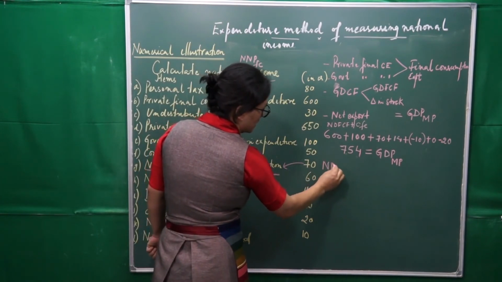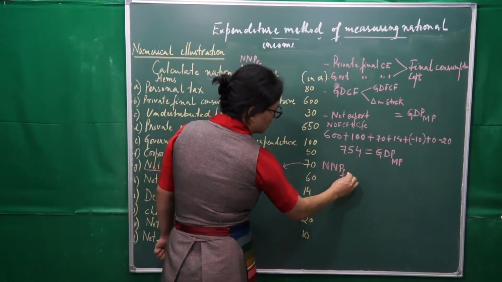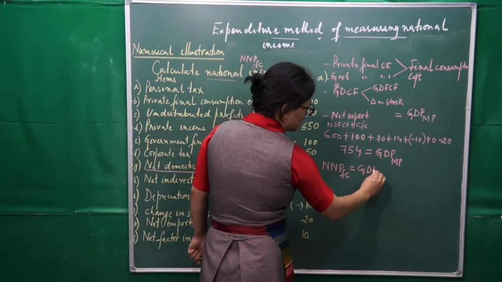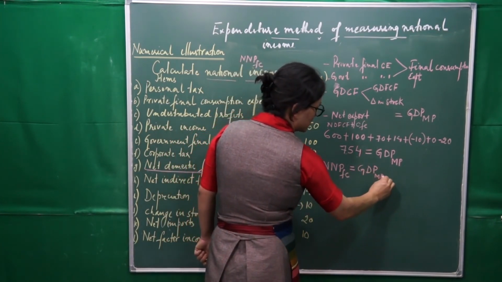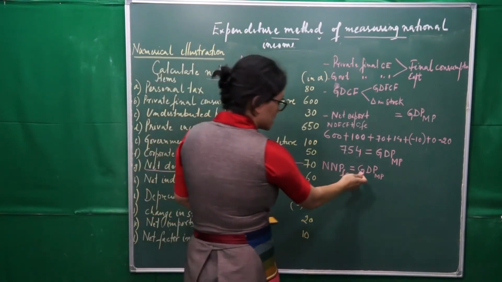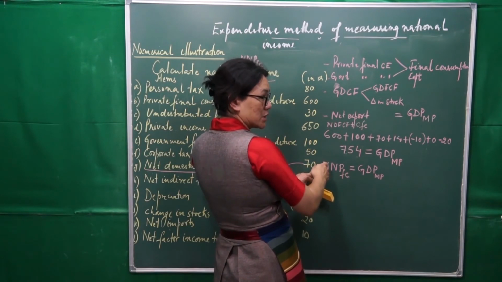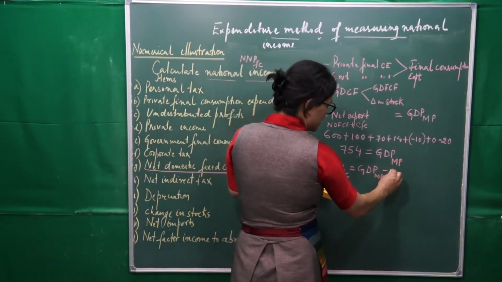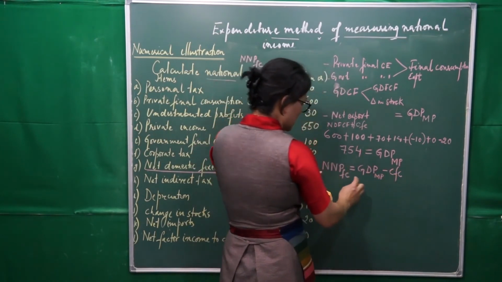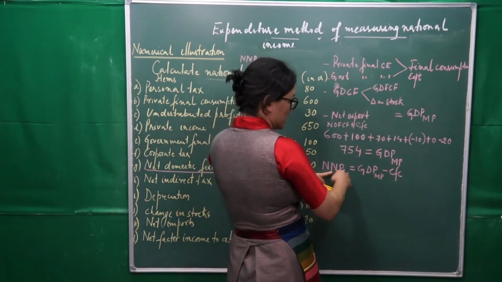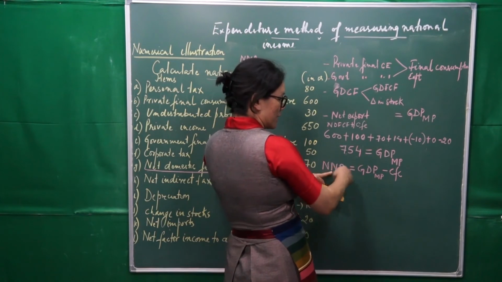So see here, NNP at factor cost is equal to gross domestic product at market price. So gross to net, remember depreciation. So we have to do minus CFC, then domestic into national. So domestic into national, what we have to do?